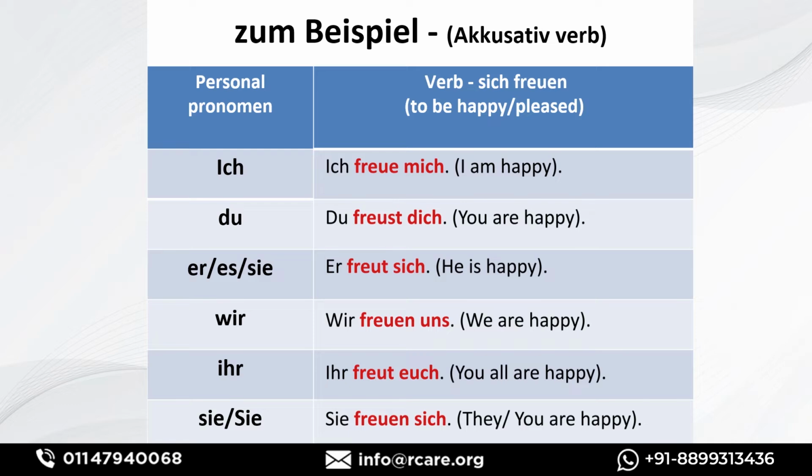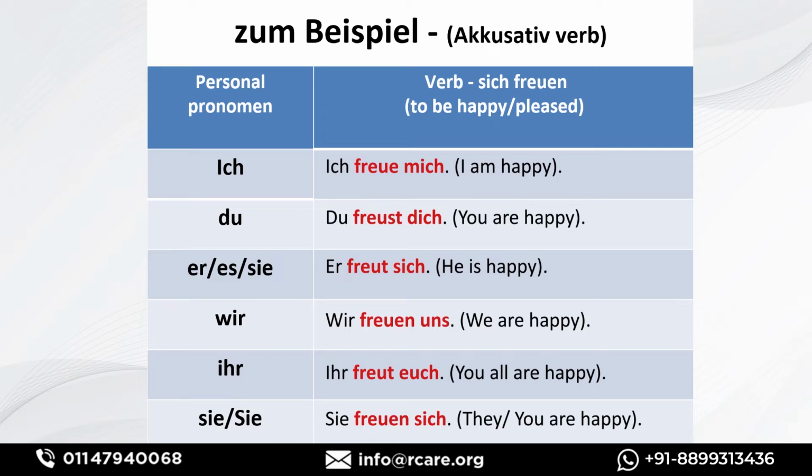As we have learned in A1 and A2, verbs can be of two types: fixed accusative verbs and fixed dative verbs, and some verbs are exceptional which can take both accusative case as well as dative case. So similarly, we'll first learn the accusative reflexive verbs. For example, sich freuen, to be happy or to be pleased.